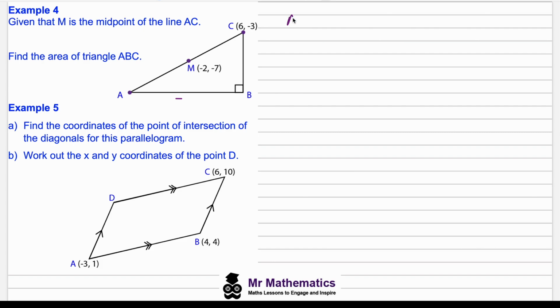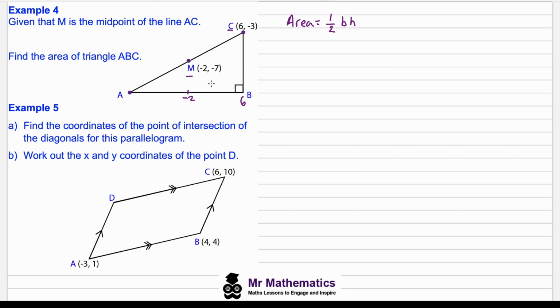Now we know for a triangle, all we need to do to work out its area is 1/2 times the base times the height. And we can work out the base of our triangle using the endpoint C and its midpoint. If we just look at the x values, we know at C the x value is 6, and at M the x value is -2.